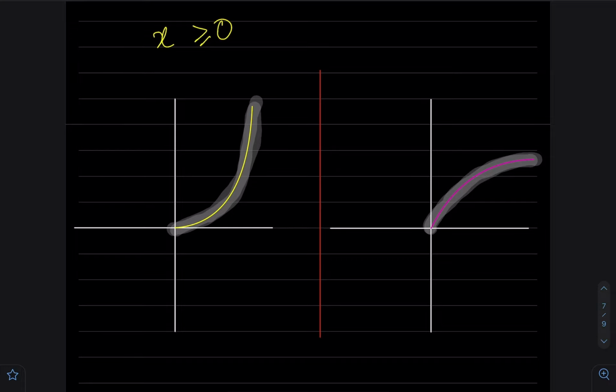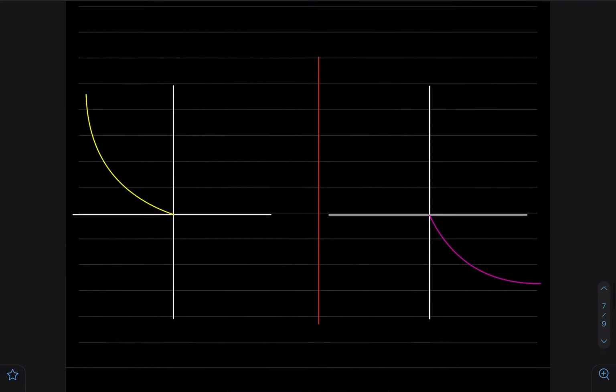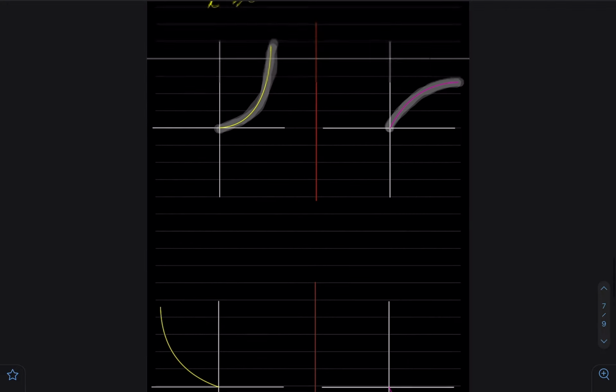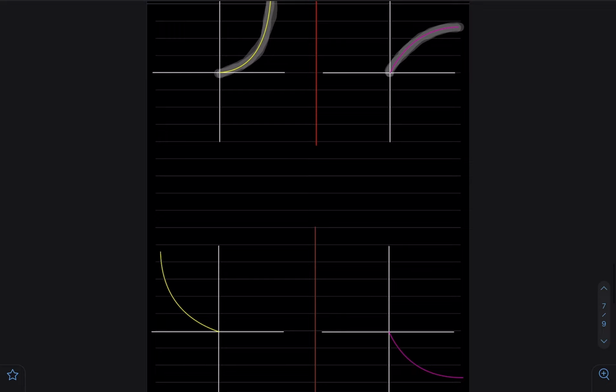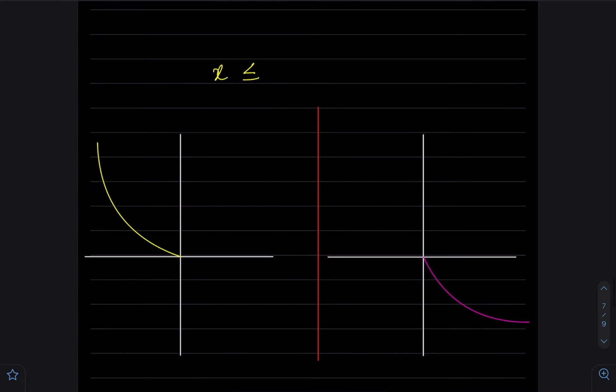It will ask you when is an inverse possible, and for that you will have to restrict the domain. Now I took x as greater than or equal to 0, but I could also have taken x as less than or equal to 0, right? Because these are also functions. I'm sorry, 0. I had to write 0 here. But why did we take the positive values?